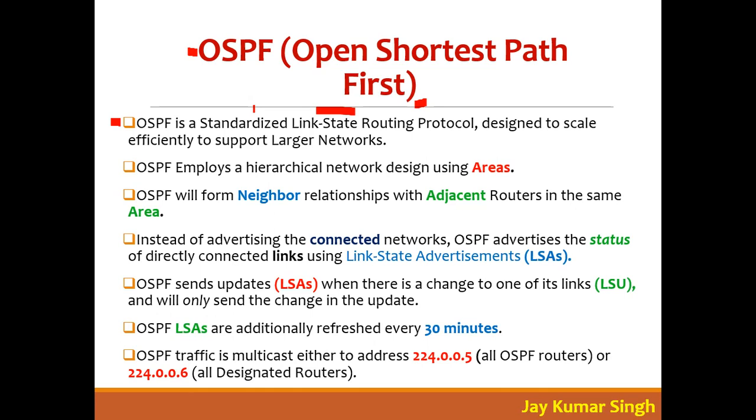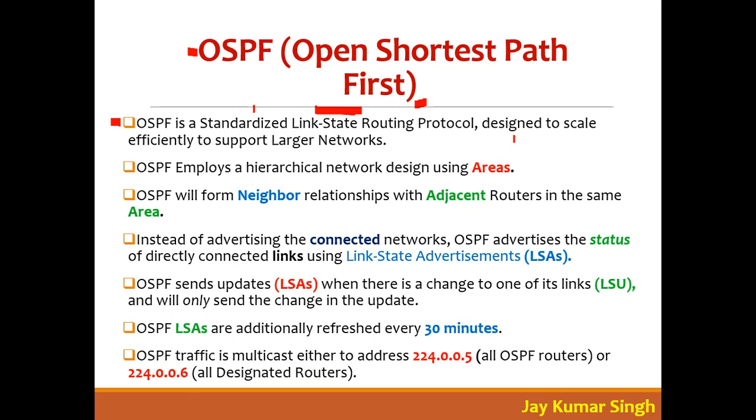RIP is a distance vector protocol. EIGRP is a hybrid protocol, meaning it uses distance vector and link state algorithms also, but OSPF is a link state routing protocol. Link state means it works on the basis of the links.